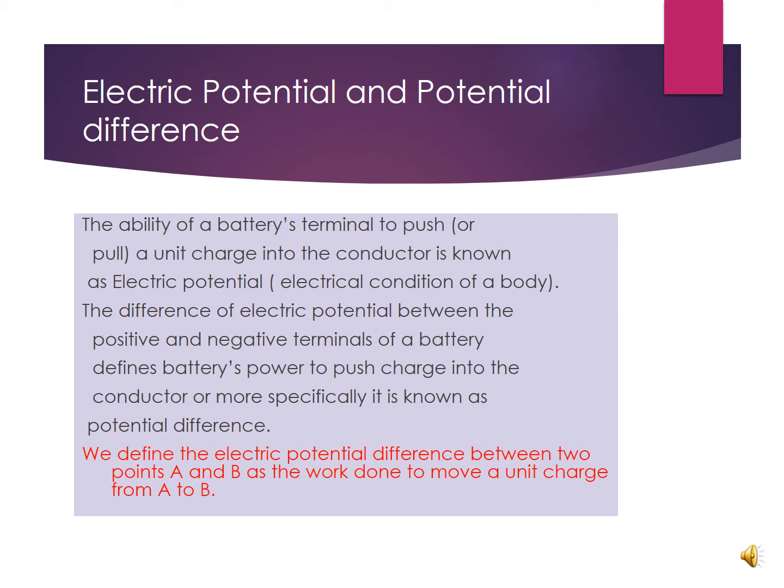The difference of electric potential between the positive and negative terminals of a battery defines the battery's power to push charge into the conductor, or more specifically it is known as potential difference. We define the electric potential difference between 2 points A and B as the work done to move a unit charge from A to B in a conductor.